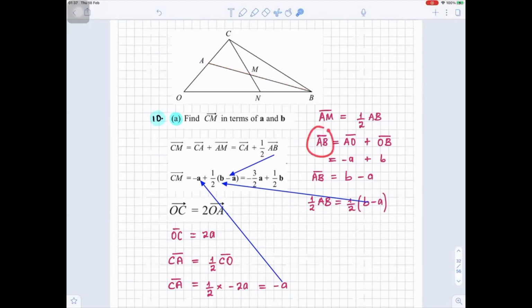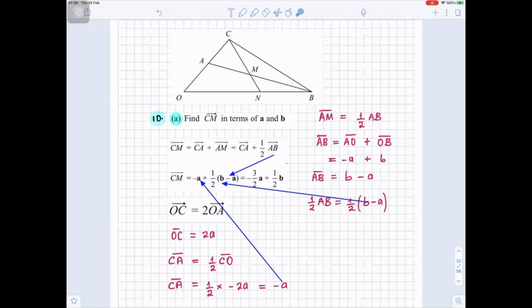But let's find AB. AB is the same as AO plus OB, going from A to O and from O to B. So A to O is minus A and O to B is B. You can swap them around, it becomes B minus A, which is AB.